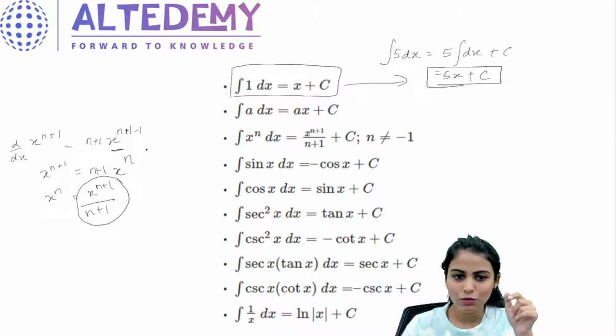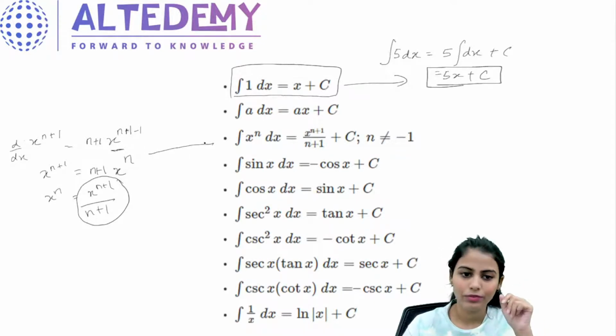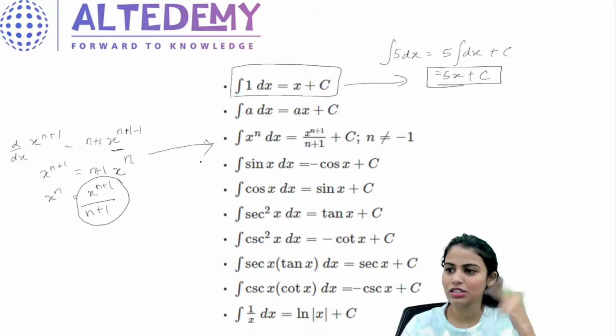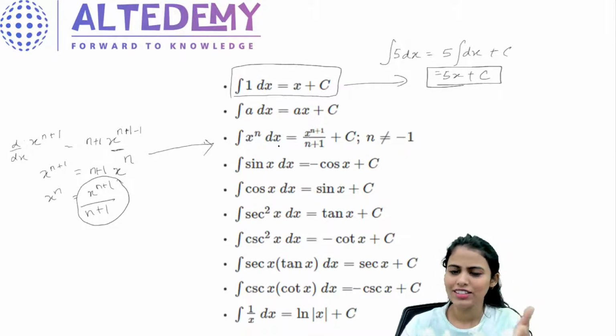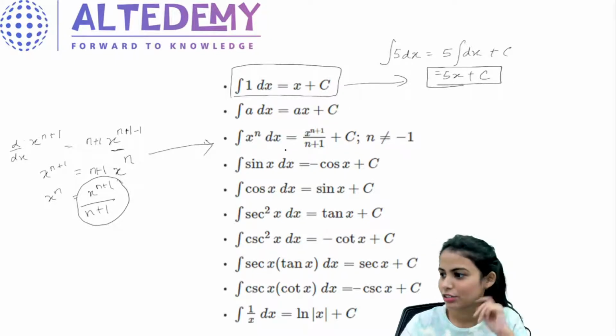This is how differentiation and integration are related: if differentiation is up, integration is down. This is a very simple formula: integration of x to the power n dx is x to the power n plus 1 upon n plus 1 plus c. You have to write c. Just reverse.